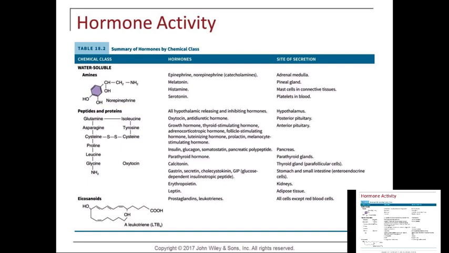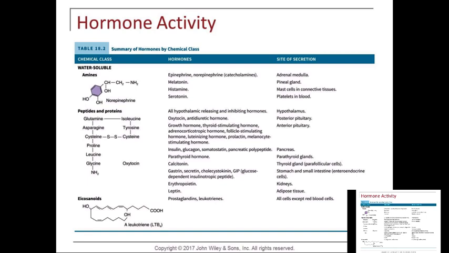Then you have the peptides and the proteins. We look at oxytocin and ADH, released by the posterior pituitary. We look at the anterior pituitary with growth hormone, TSH, adrenocorticotropic hormone, FSH, LH, prolactin, melanocyte stimulating hormone.